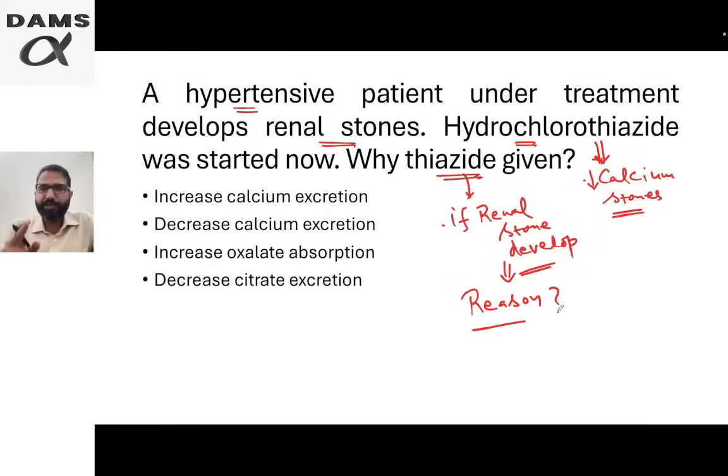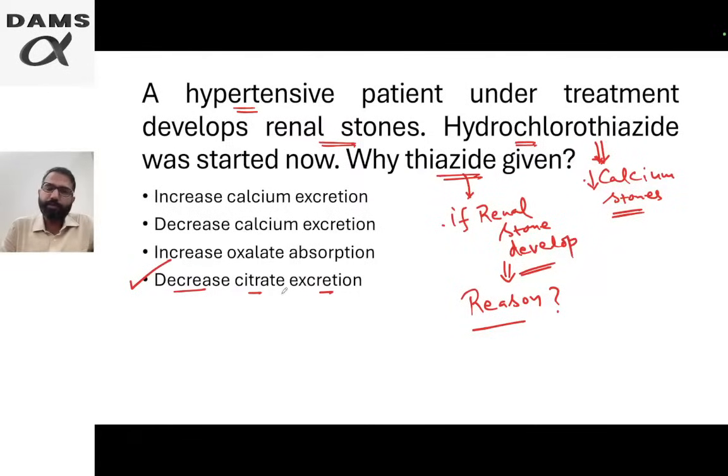If after giving hydrochlorothiazide the patient is having renal stone, then the answer will be decreased citrate excretion. This is the correct answer. The patient was already on thiazide and then got the renal stone. Then definitely the correct answer will be decreased citrate excretion.